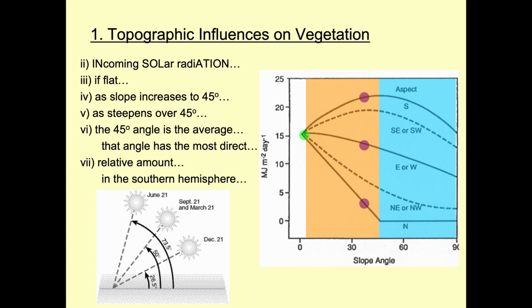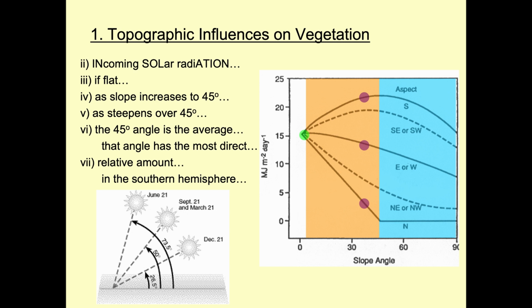During the winter, it has a lower angle, and during the summer, it has a higher angle. So it makes sense that 45 degrees, if you're familiar with geometry, a 90-degree angle, half of that is a 45-degree angle. So that is the average of incoming solar radiation on a yearly basis.